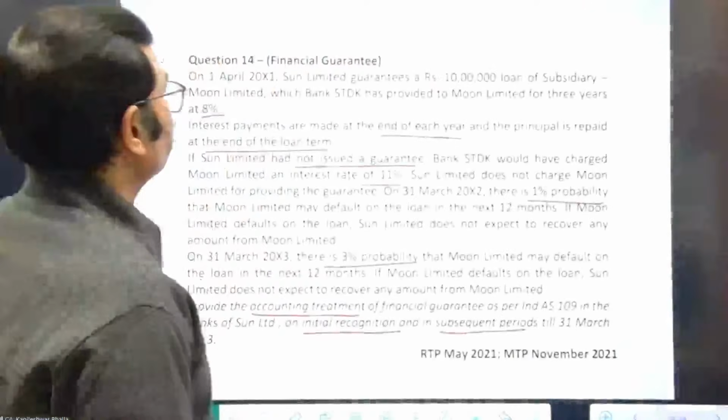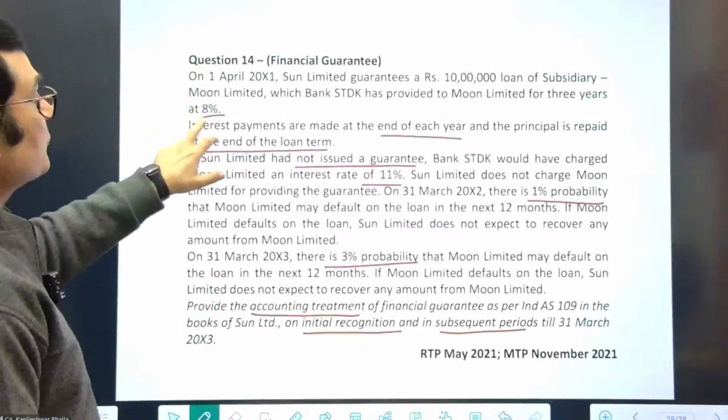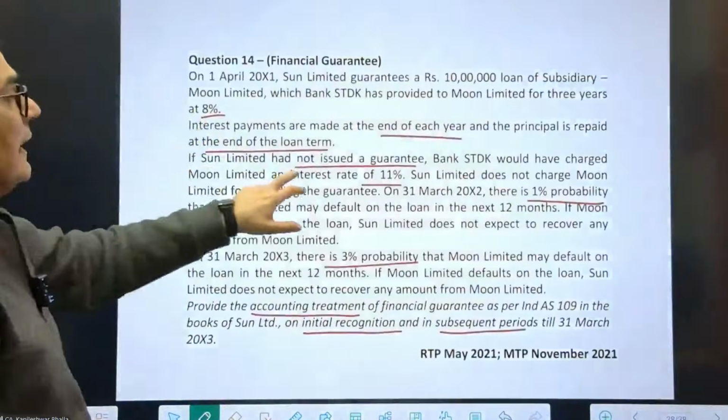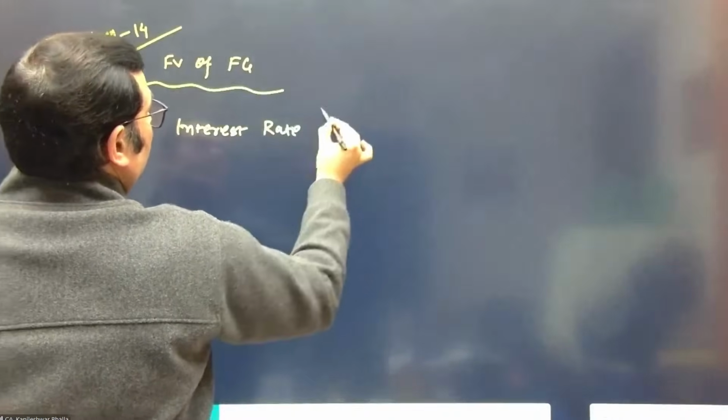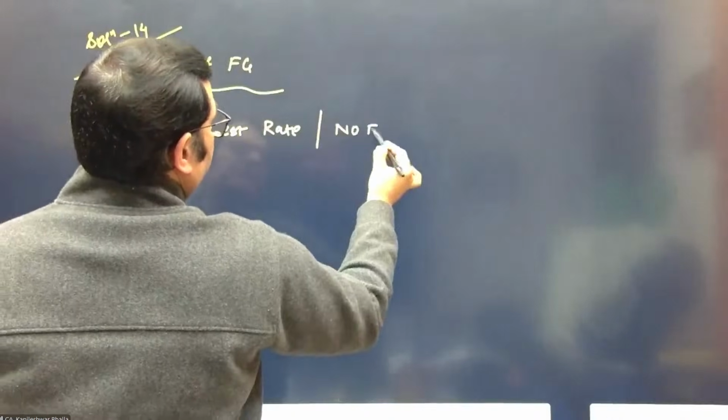in the books of accounts. Let's go back and look at the data. So the interest rate with a guarantee is 8 and the interest rate without a guarantee is 11. So at the first instance, we need to calculate the fair value of the financial guarantee. What is the interest rate with no financial guarantee?